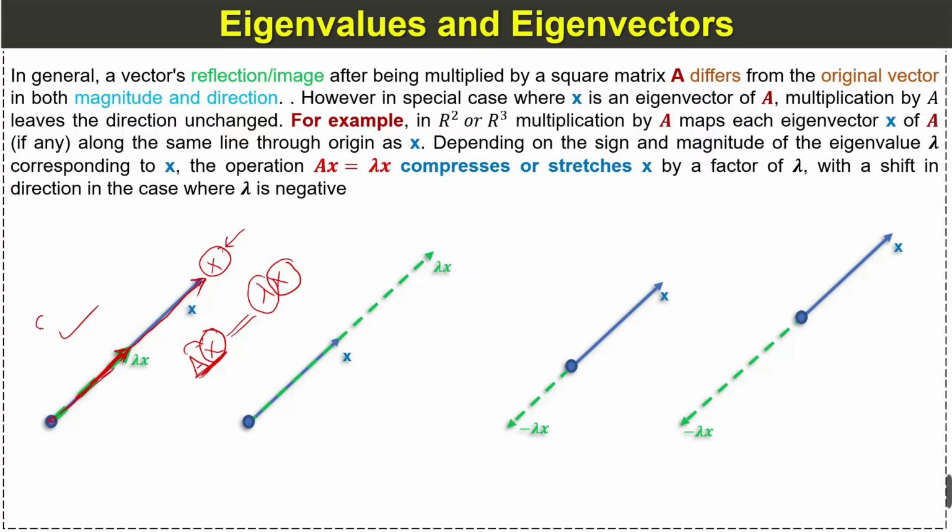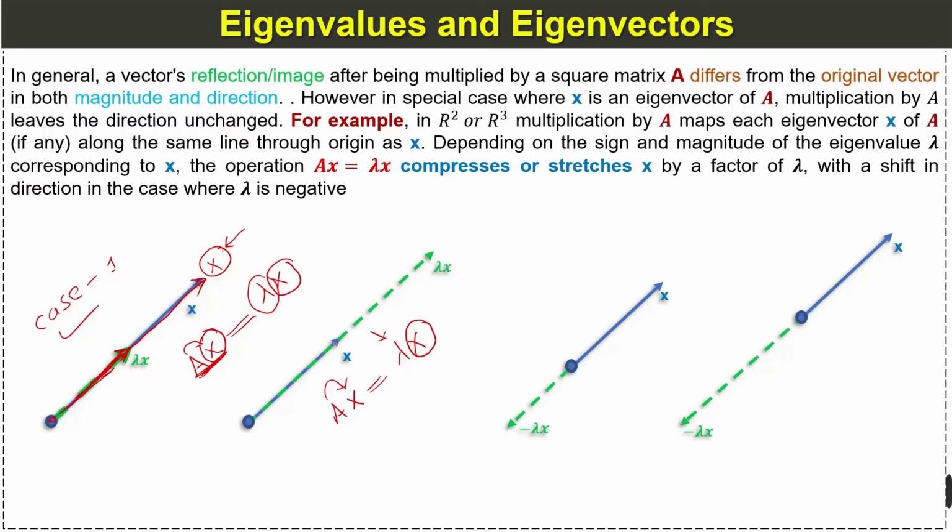This one is the first case. Next, after the multiplication of the matrix A with the vector x, which is equal to lambda into x, in this case the vector is stretched by a factor of lambda.